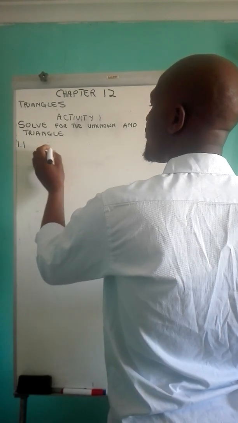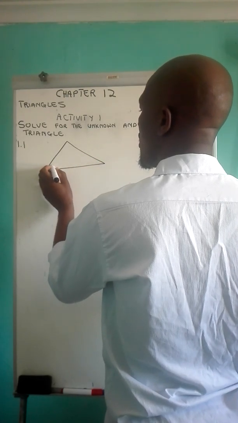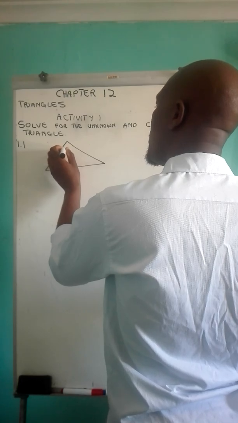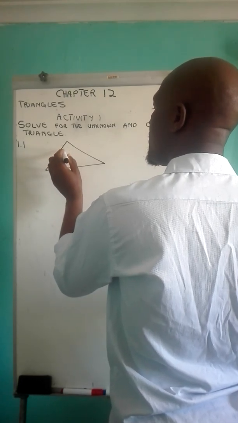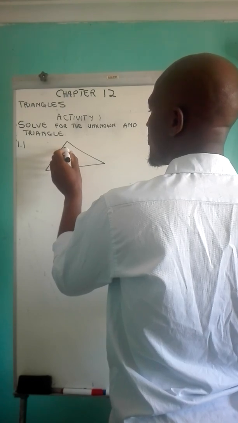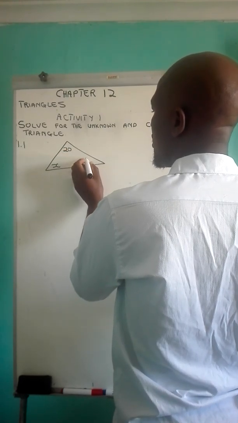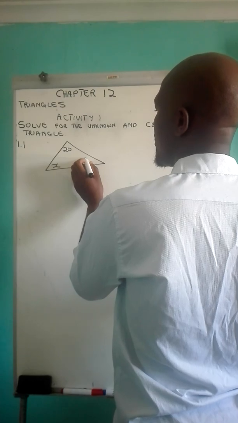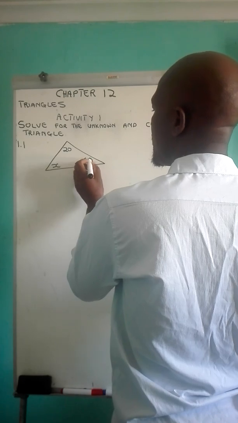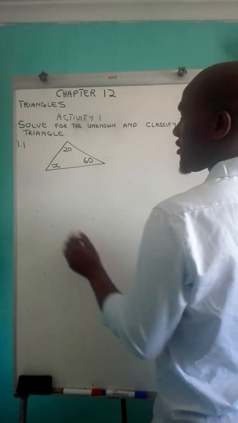1.1. This is x. This is 20. This is 60. Then I want to solve for x.